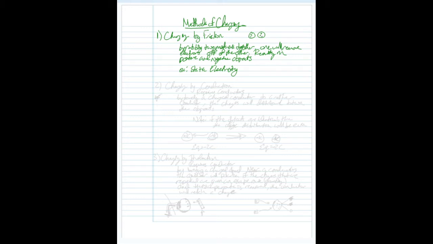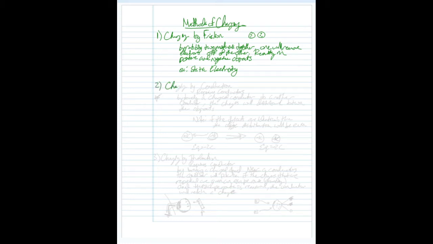So if I started with a net 0 charge between my 2 objects, I still have to have a net 0 charge. If I started with a positive charge, I'm going to end with a positive charge. My total charge cannot change.